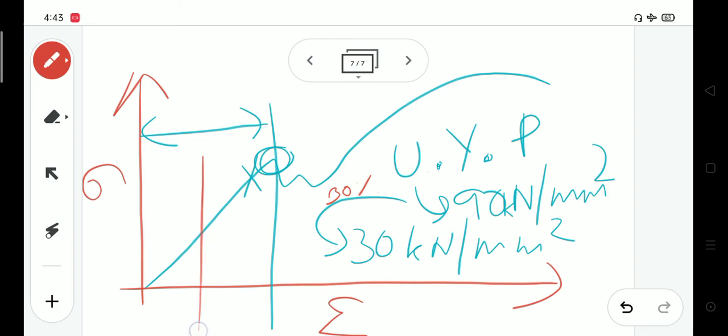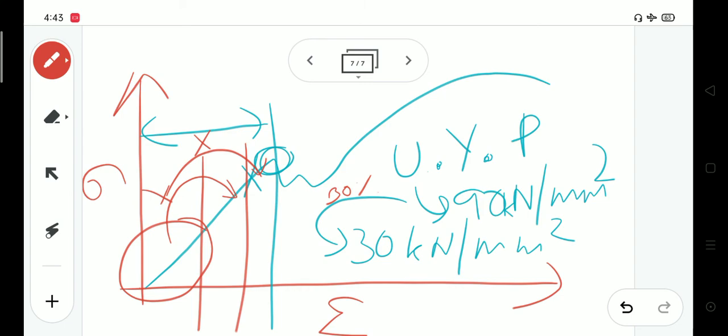That means 1, 2, 3. Fine. And the loading should be just over here. It should not exceed here or here. It is not acceptable. That means the applied load should be in this range only. Fine, this is the main concept.